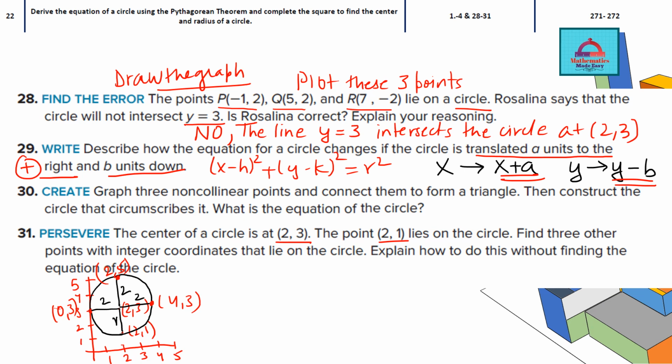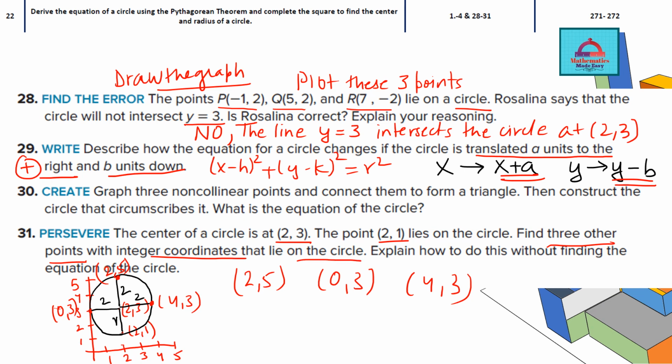All these points lie on the circle. If you want, you can write the equation of the circle also, but it is not asked, so you can give your answer as the points (2, 5), (0, 3), (4, 3). These are the 3 other points with integer coordinates that lie on the circle.